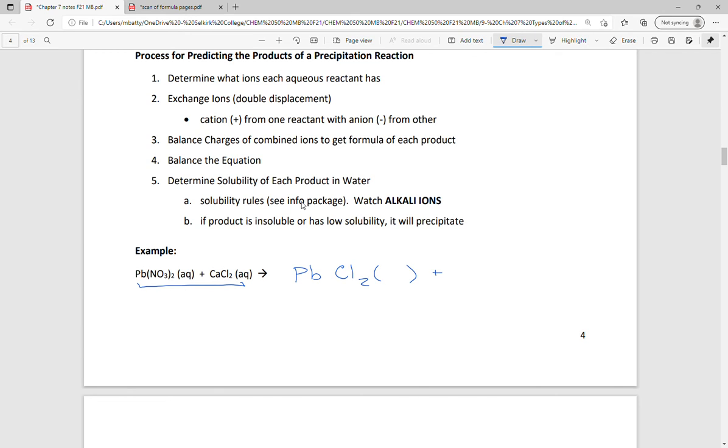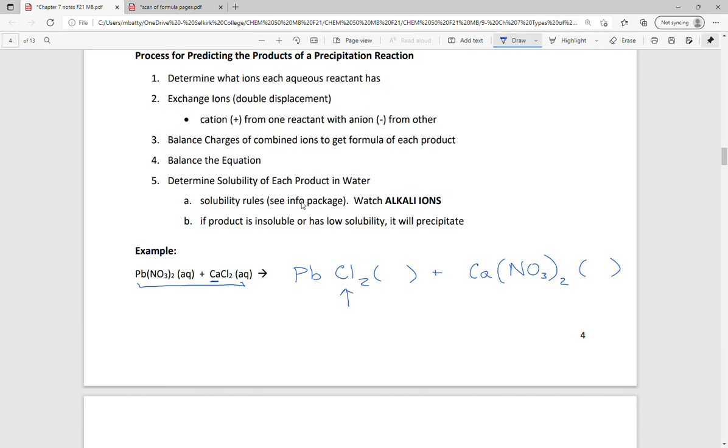I'm going to finish up the pattern of double displacement. So the other cation goes first, and it pairs with the other anion. The combining capacity of calcium is 2 plus, and nitrate is 1 minus. So that would be, crisscrossed, the formula for calcium nitrate. Now I need to take a look at my solubilities chart.